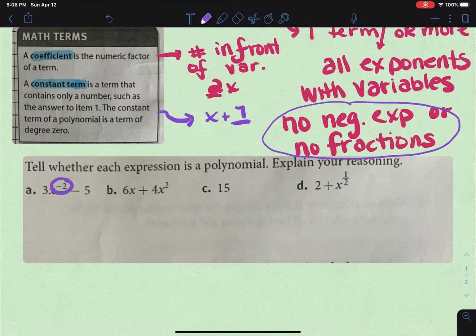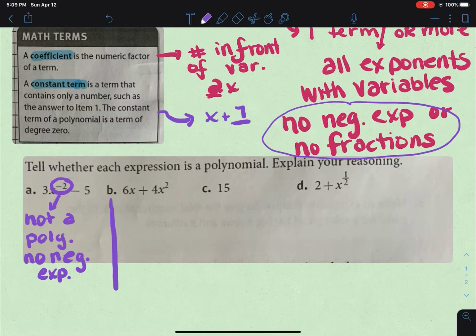And I can see right there that's going to be a problem. So this is not a polynomial, because you can't have any negative exponents. I'm trying to abbreviate so I can fit each of these pieces in here, but I want you to get the idea of how it's set up.